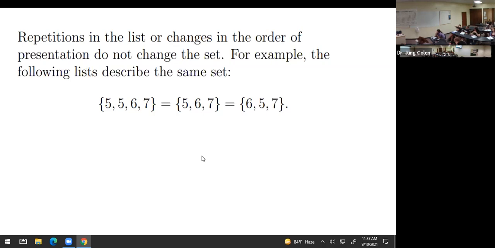The equivalent sets are a little bit different from equal sets. Equal sets have exactly the same elements, but equivalent sets have exactly the same number of elements. So for example, if set A has January, February, March, so there are 3 elements in it, right?